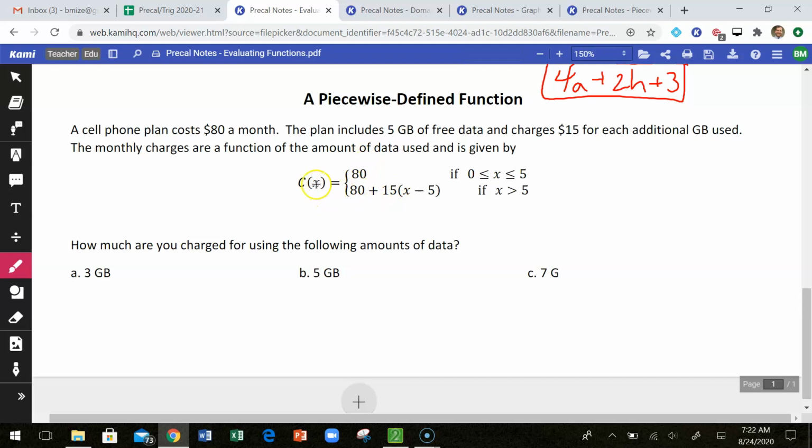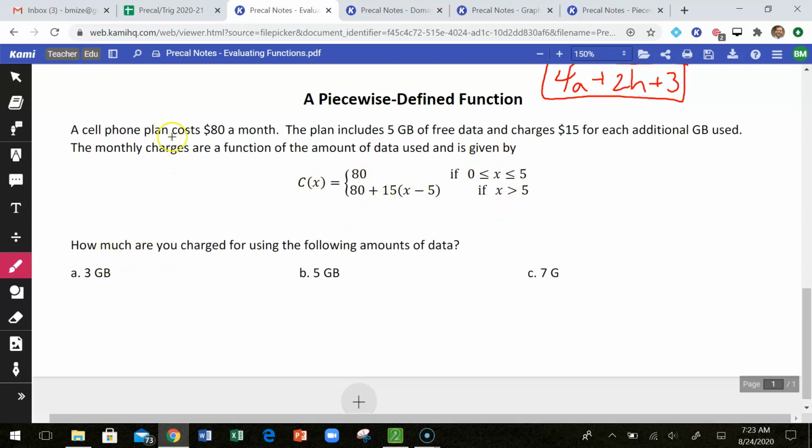And it's basically saying that your function is just going to be this top thing as long as your x's are in this range, or it's going to be this bottom thing if your x is in this range. So when you're evaluating a piecewise function, you just have to think about where the x is in relationship to what you're looking at on the right, and then that's going to determine which part of this you plug it into.